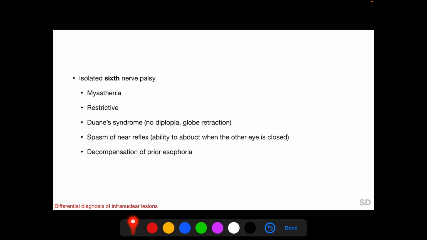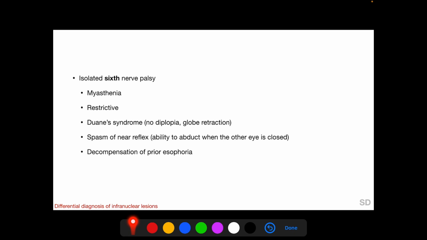Differential diagnosis of sixth cranial nerve palsy includes myasthenia gravis and restrictive myopathies. Skew deviation does not come in the differential diagnosis of sixth cranial nerve palsy because the lateral rectus muscle supplied by the sixth cranial nerve is not a cyclovertical muscle.